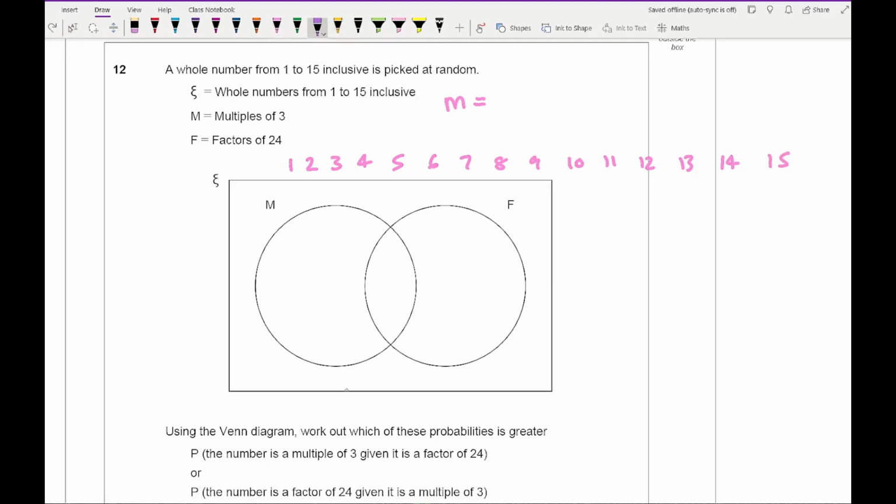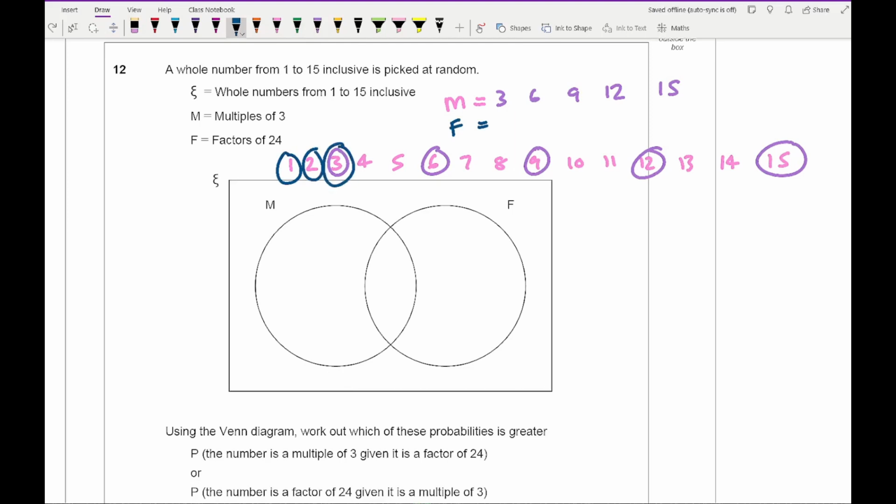So multiples of 3, we've got these circled numbers: 3, 6, 9, 12 and 15. For factors of 24, well, we've got 1, 2, 3, 4, 6, 12, and oh, 8, I forgot.